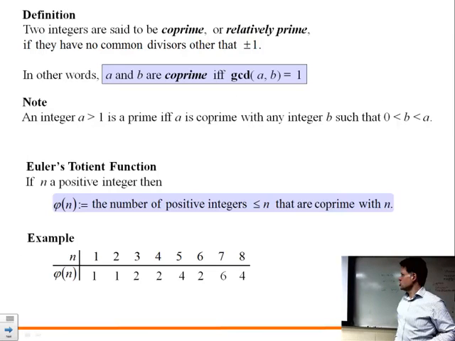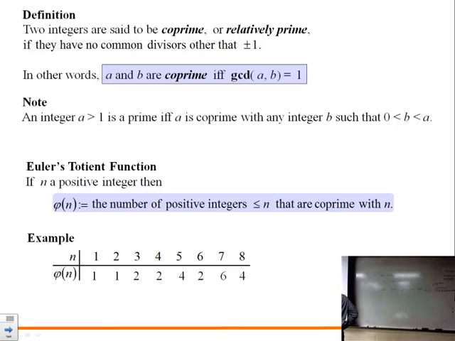So we say that 2 integers are coprime, or relatively prime, or prime to each other, if they have no common divisors other than 1 and minus 1. In other words, if the greatest common divisor, the GCD, is equal to 1.